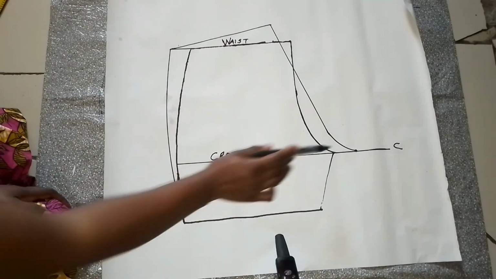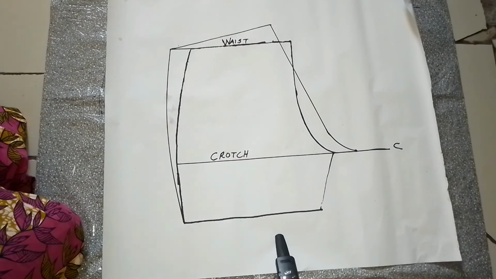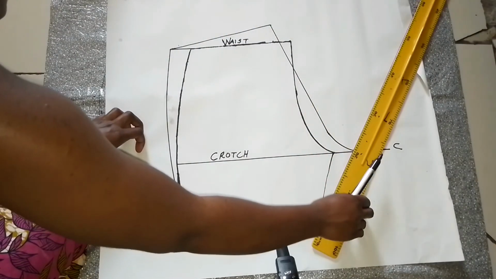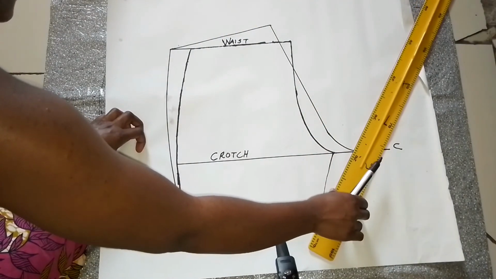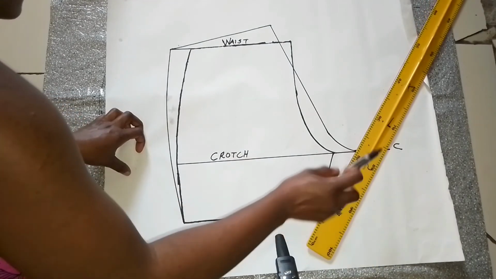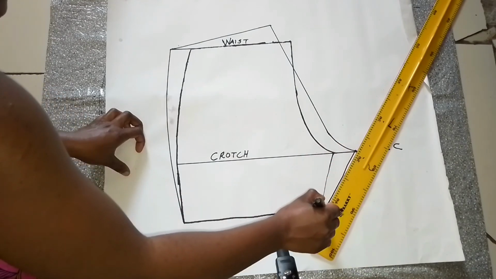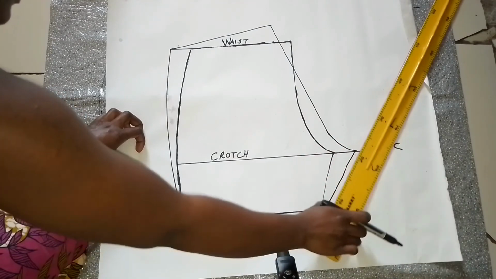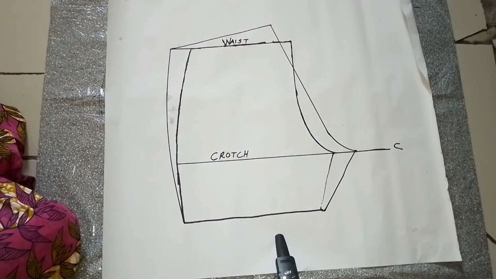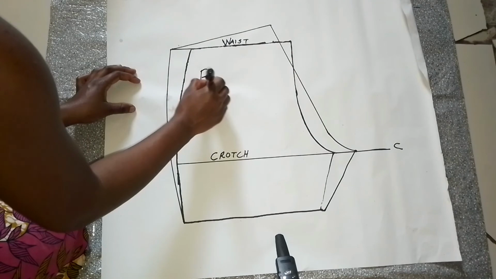Okay, so as you can see, I'll go on my crotch line and connect it to my hemline as well. So this is the back side of the short. I'll just label it as my back.